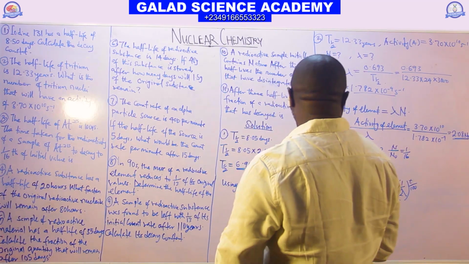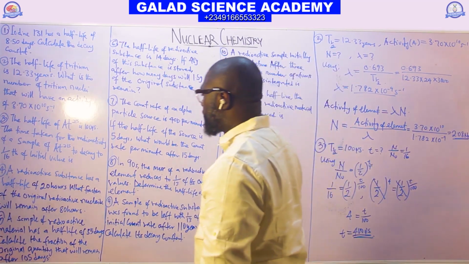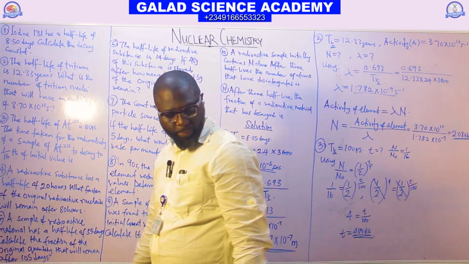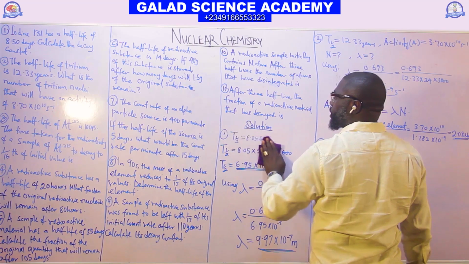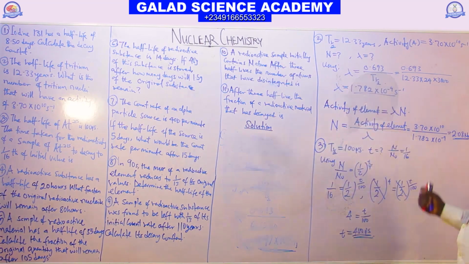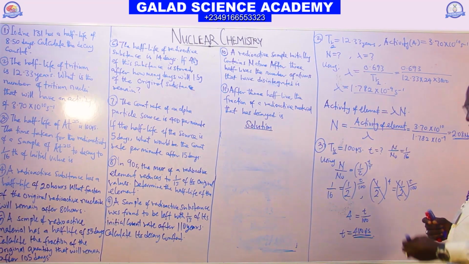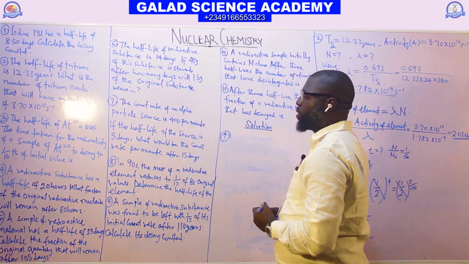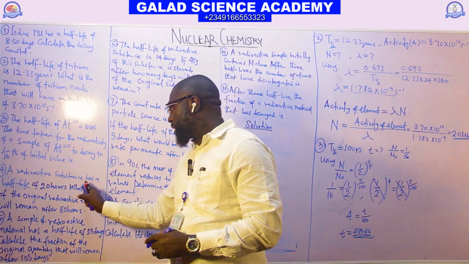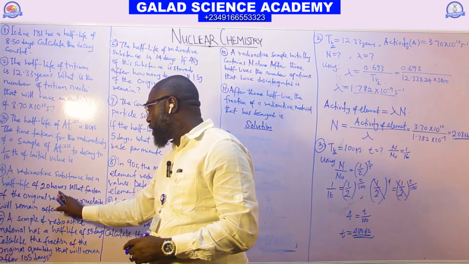The next one is question number 4. So let me rub this solution to number 1 here. So the next question is question number 4. We are given a radioactive substance that has a half-life of 20 hours.